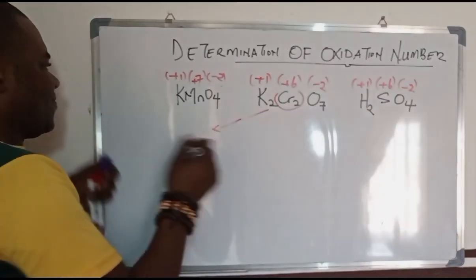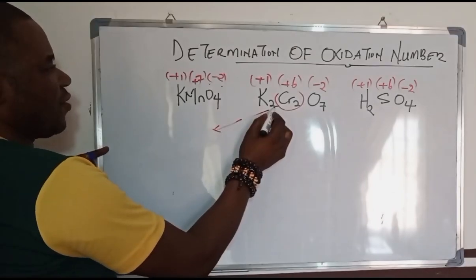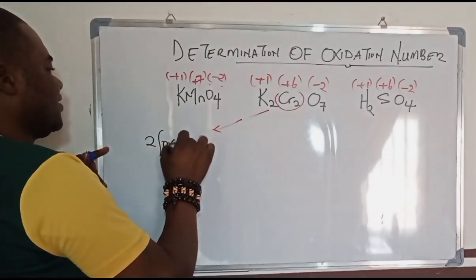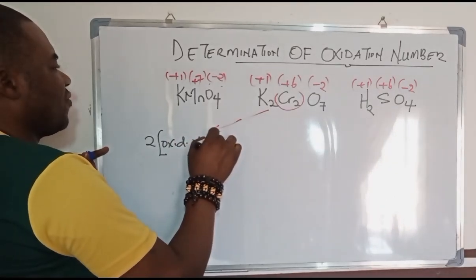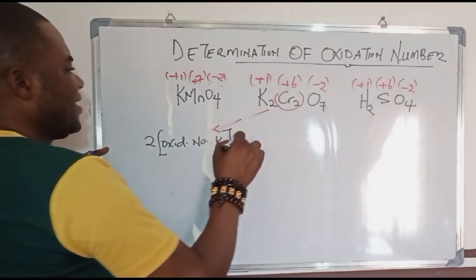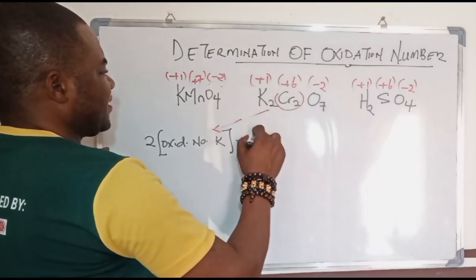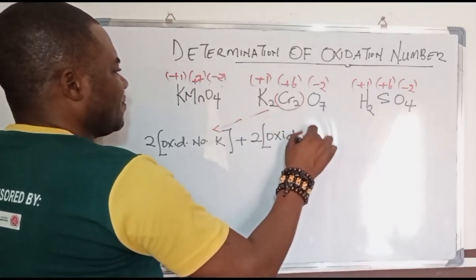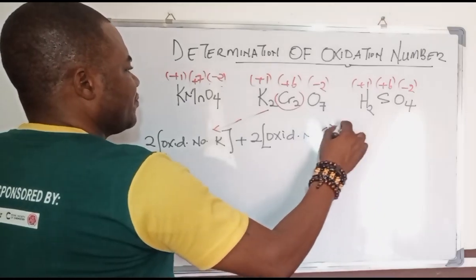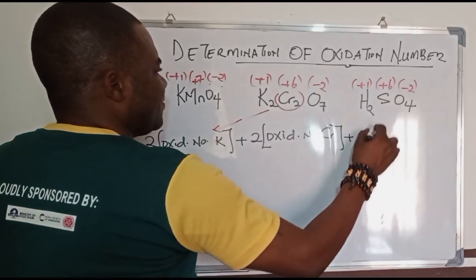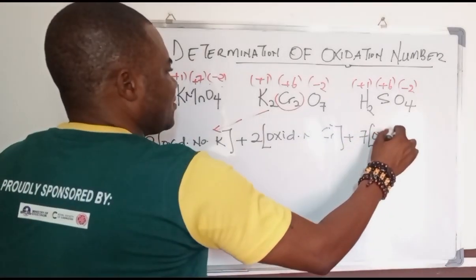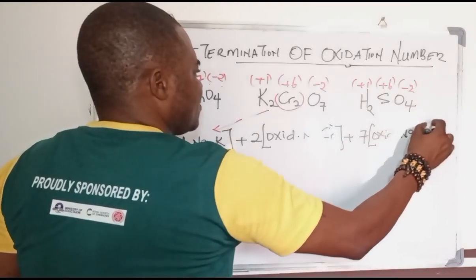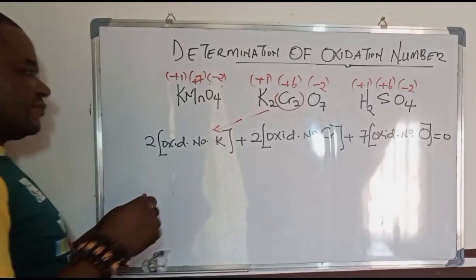So we'll have that. There's 2 here already. So 2 times the oxidation number of potassium, plus 2 times the oxidation number of chromium, plus 7 times the oxidation number of oxygen equals 0.